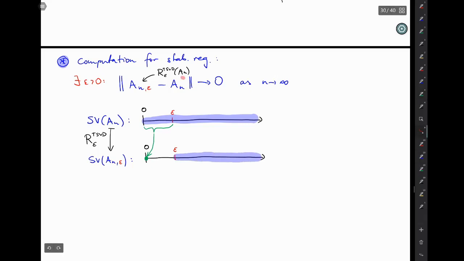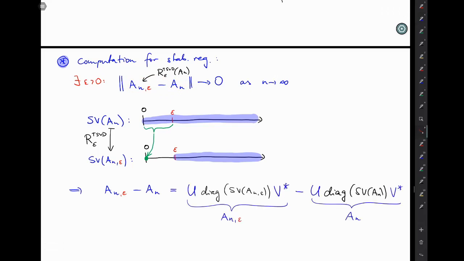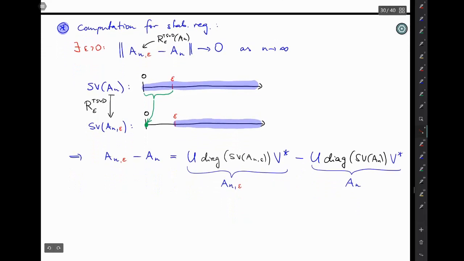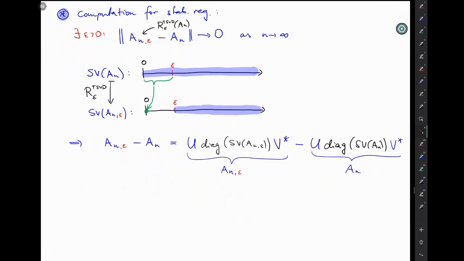So now let's try to compute the difference of these two operators. Well, they have almost the same singular value decomposition, only that the sigma term for A_N epsilon has the singular values of A_N epsilon on the diagonal, and the sigma term of A_N has the singular values of A_N on the diagonal. But the U matrices are the same and the V star matrices are the same, so it's easy to simplify this difference here.